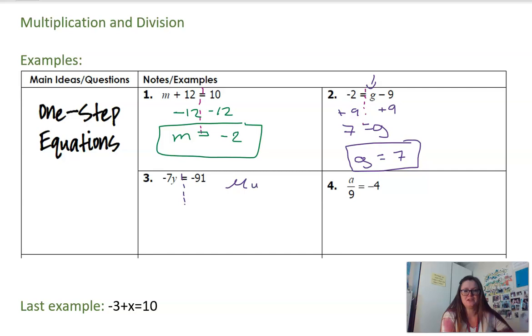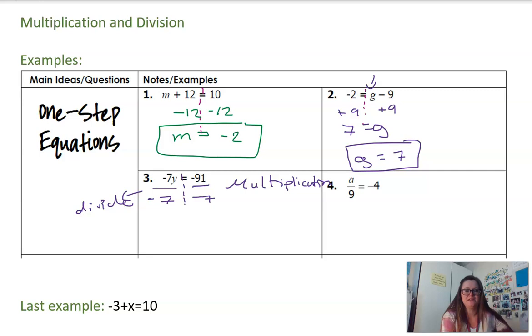So this is multiplication. To undo multiplication, we have to divide. And remember, when we have a bar like this, that means divide. So to undo multiplication, we divide.